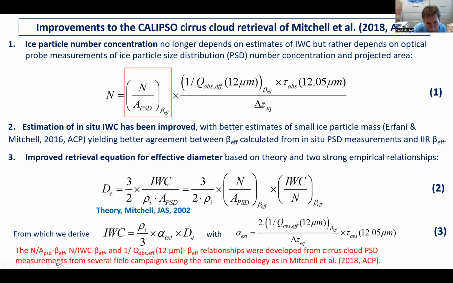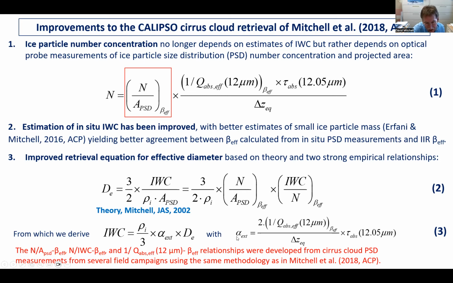And if we expand the terms here, so now we're using N over A times ice water content over N. The Ns cancel essentially, and these are retrieved as a function of this beta parameter. So the Ns cancel and you get ice water content over A. So it's the same principle. And then from the effective diameter, we can get the ice water content.